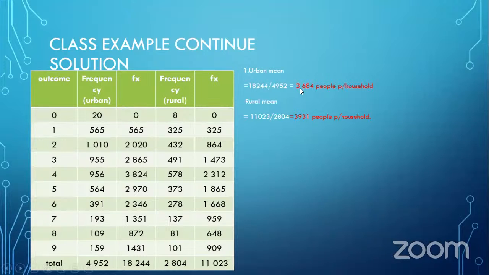This is a comma: 3.913, and then 3.684. That is our mean. You are totally correct. The calculator is correct.